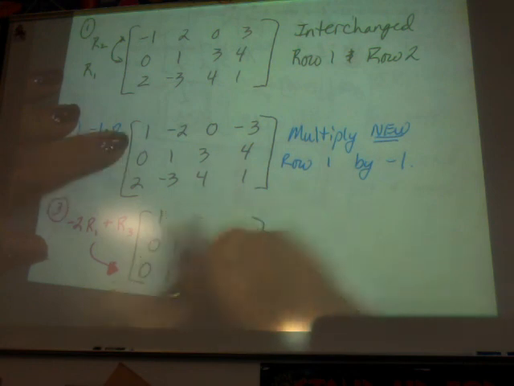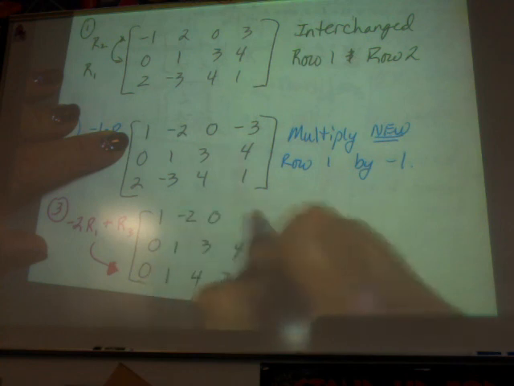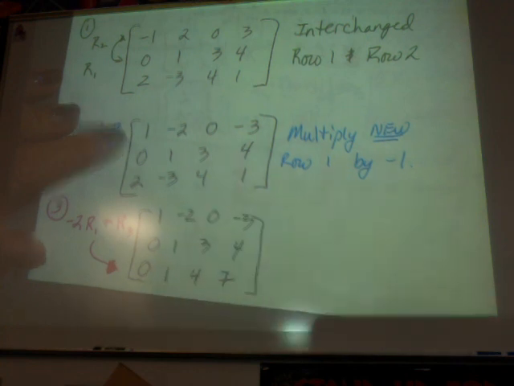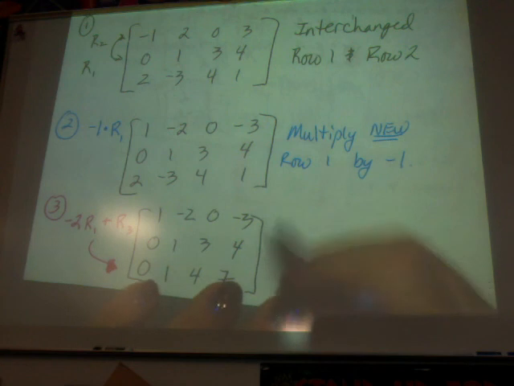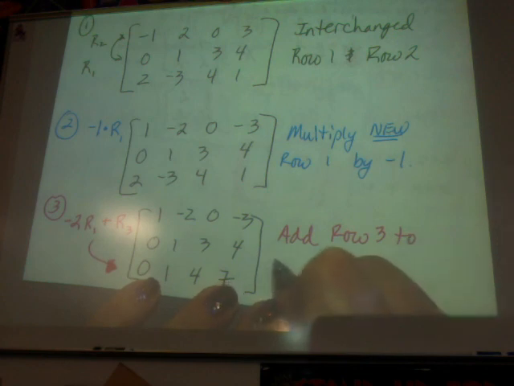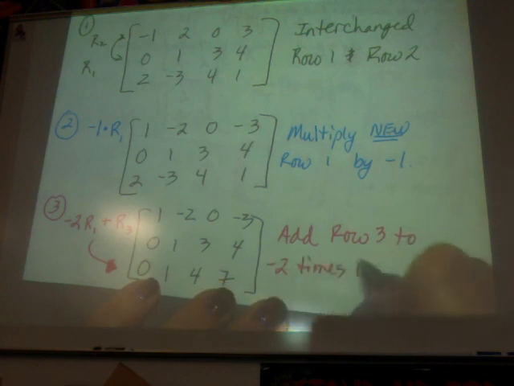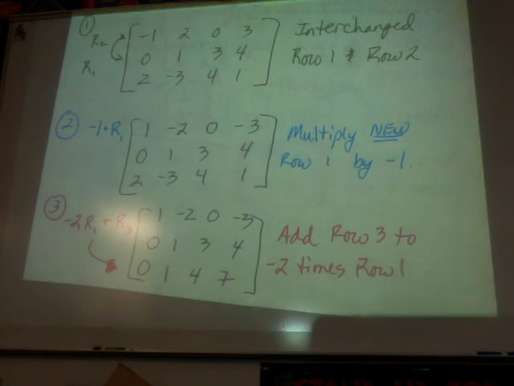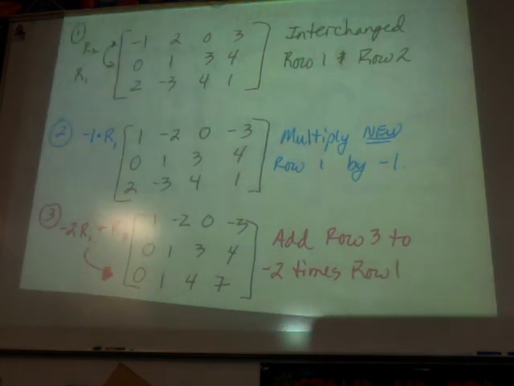And then 1, negative 2, 0, negative 3. So we add row 3 to negative 2 times row 1. Then we got our first column of 1, 0, 0. So that's just manipulating rows by using row operations.